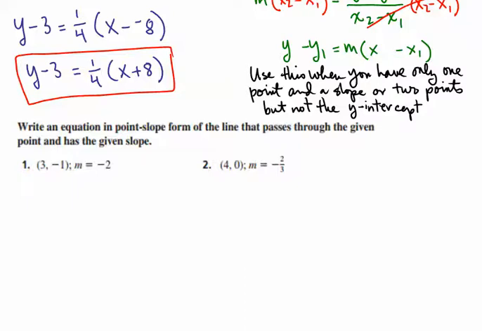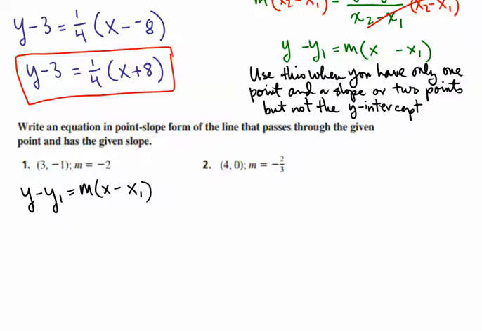Alright, in the second example below, number 1, I am always going to write my formula first. This helps me to memorize the formula, and it also shows me what it is that I need to plug in. I'm never going to plug in for the y by itself or the x by itself, but I'm going to plug in for the m, for the x1, and for the y1.